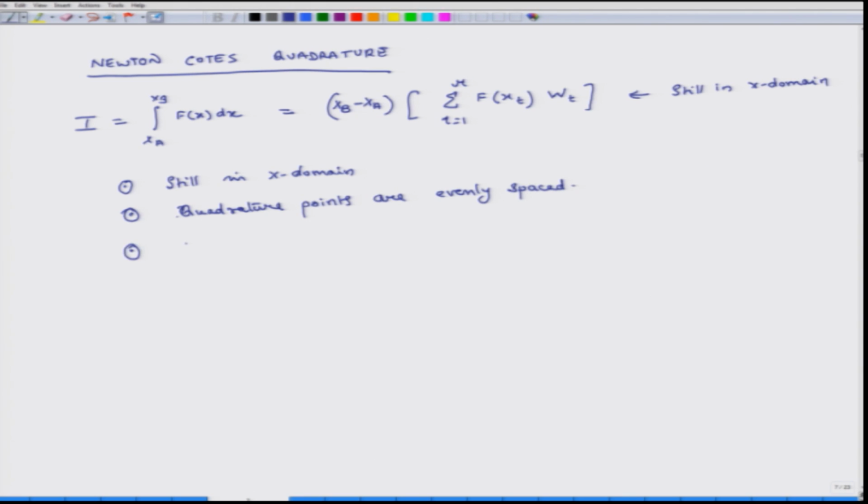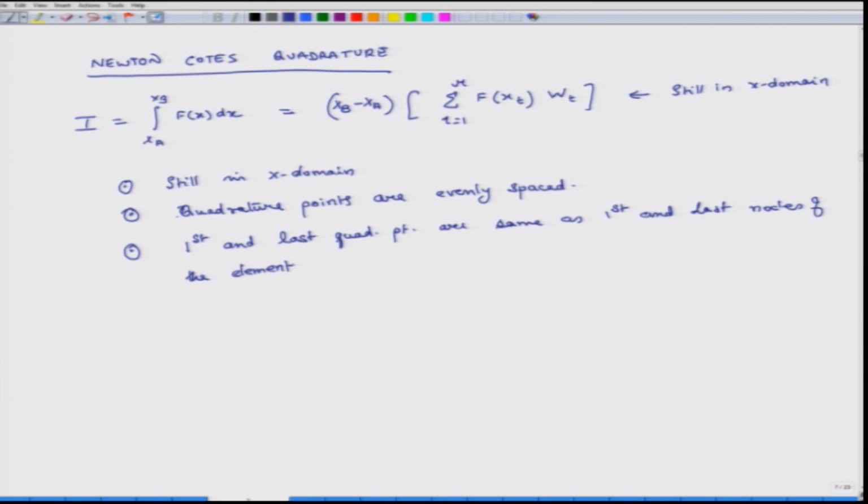Third, first and last point are same as first and last nodes of the element.